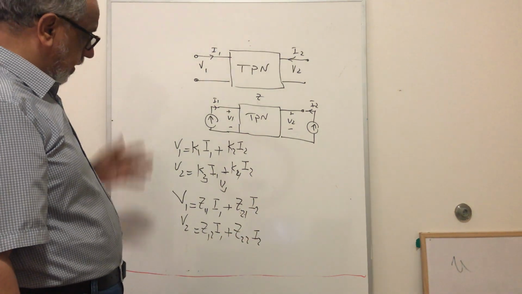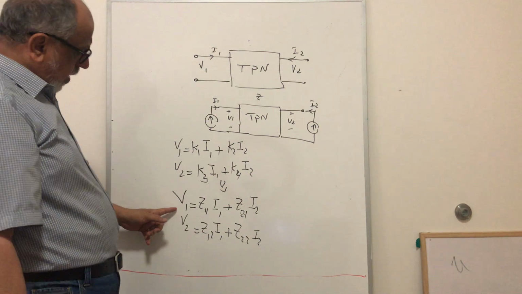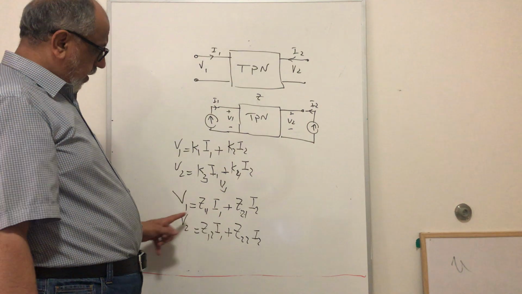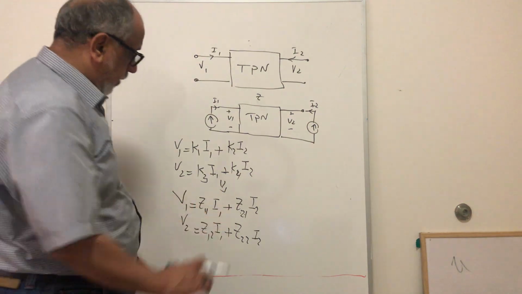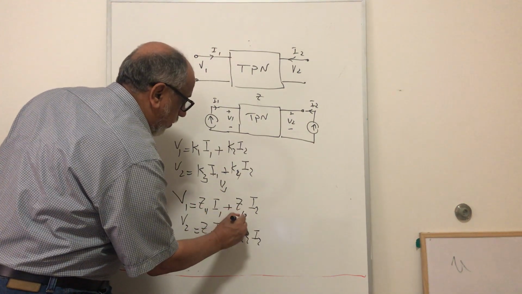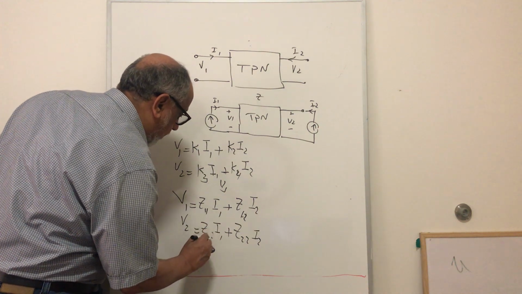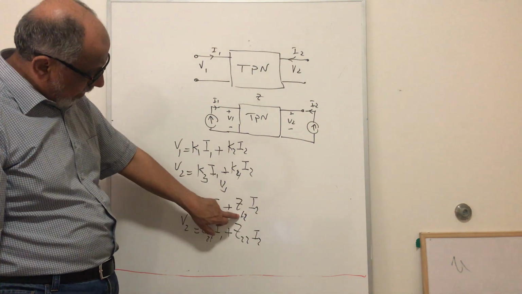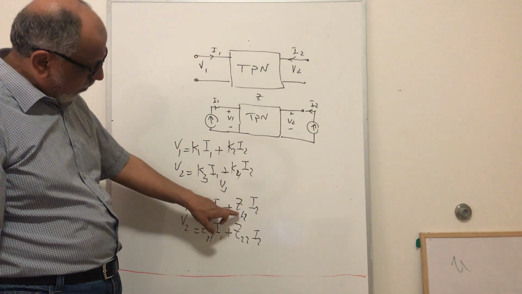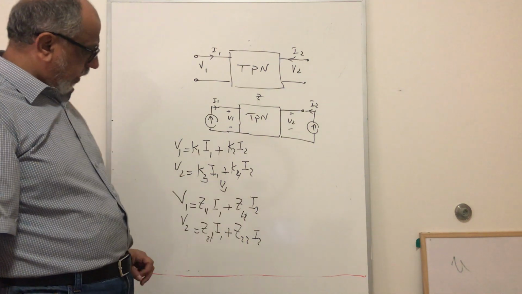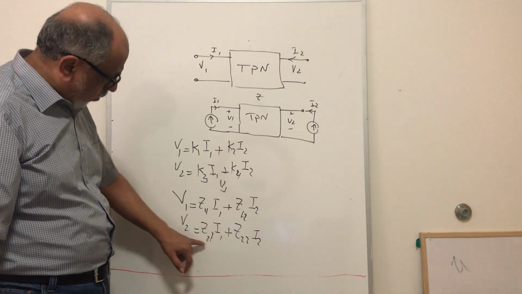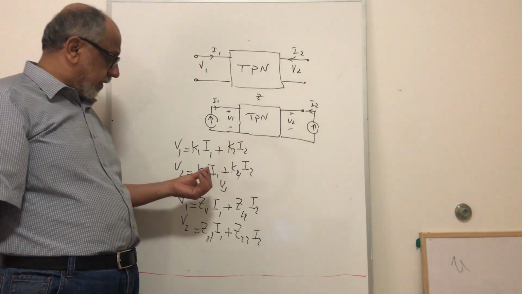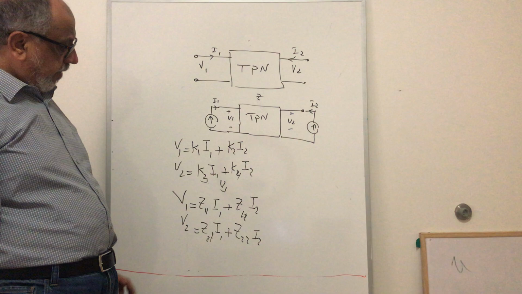So these are the parameters. Z11 is V1 over I1, and Z12 is V1 over I2. The first index is for the port of the voltage, and the second is for the port of the current. Similarly, Z21 is V2 over I1, and Z22 is V2 over I2. So these are the Z parameters we can find.